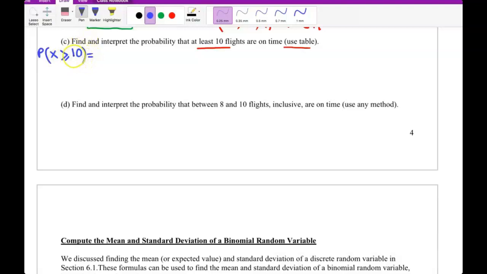So starting with the numbers that are, so that is equal to 10, and then greater than 10. So probability of 10 plus probability of 11, 12, up to 15, because we have 15 flights for number of trials.